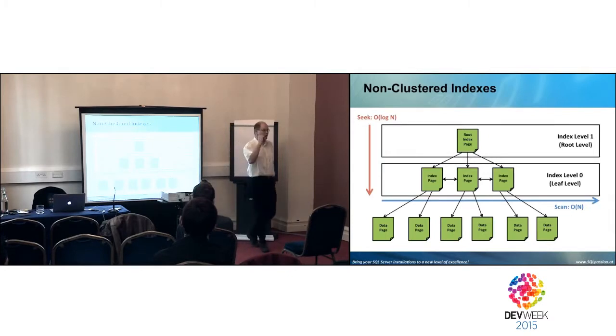When you create a non-unique non-clustered index, which is normally the case, imagine a country column in a table. In that column, you will have non-unique values. You have multiple customers in the UK. In that case, you create a non-unique non-clustered index. And if you have created a non-unique non-clustered index, then SQL Server also adds the clustered key value into your navigation structure of that non-clustered index.